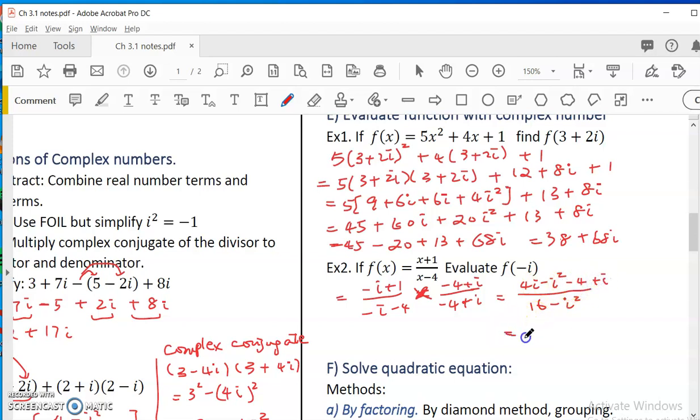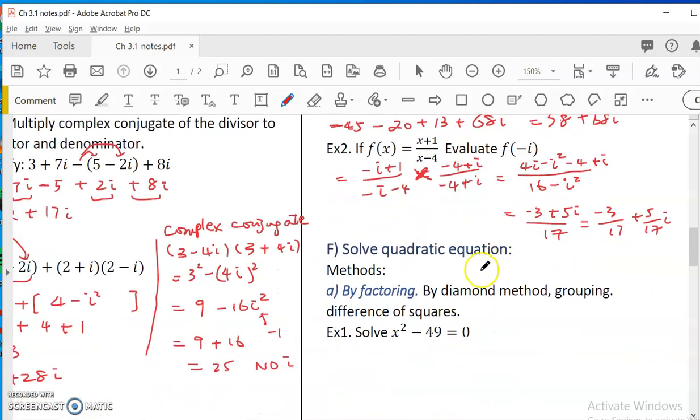So the bottom is 17. The top would be 4i plus i is 5i. And then this is 1 minus 4, negative 3 plus 5i, right? So split it: negative 3 over 17 plus 5 over 17 i. So just do calculation, do more calculation.